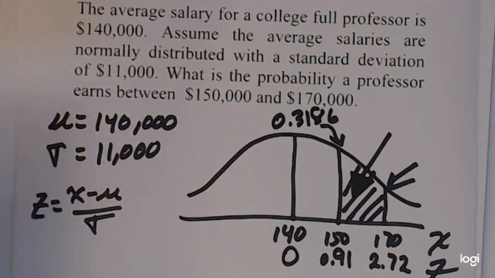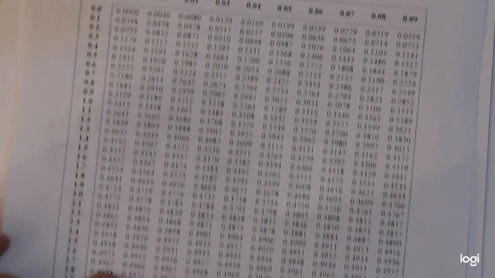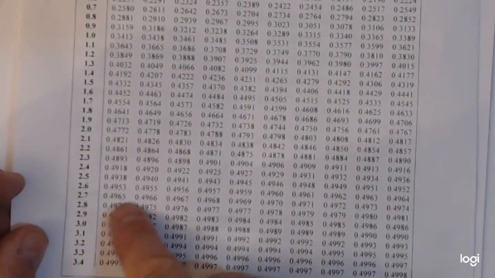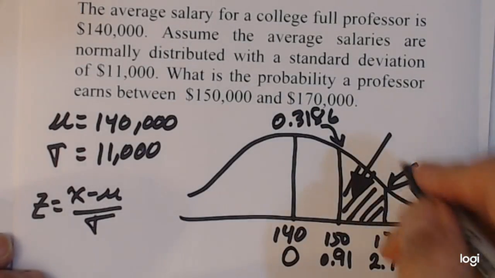And then 2.72, 2.7, and over to 2 is 0.4967.